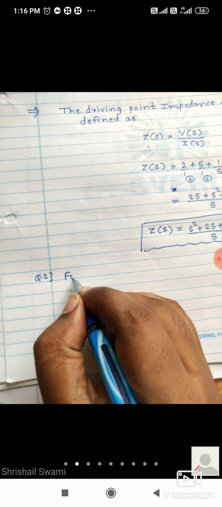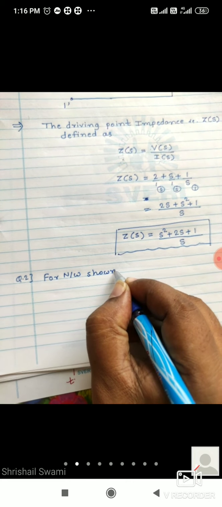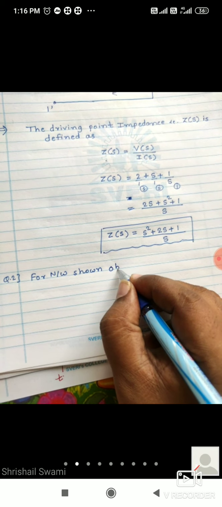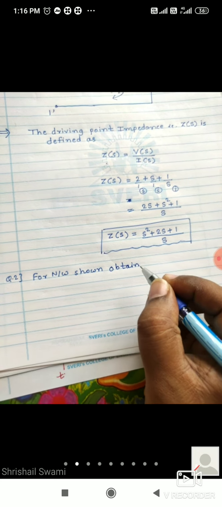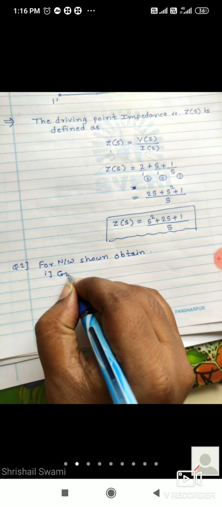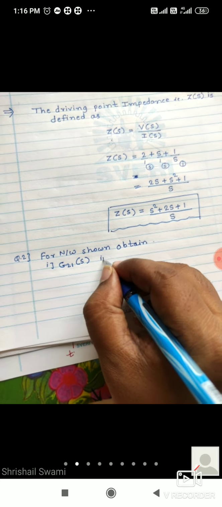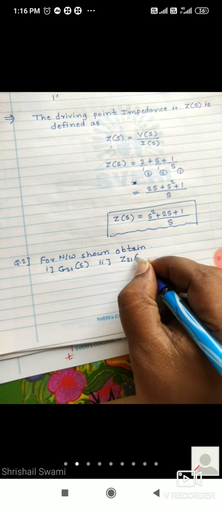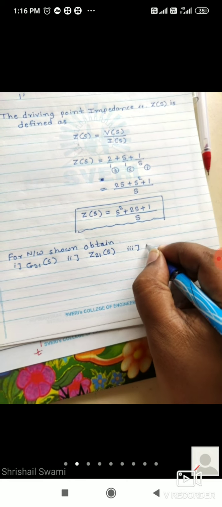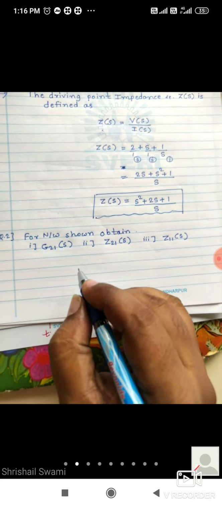For the network shown, obtain first of all G21 of S, then second Z21 of S, and Z11 of S. Okay, so I will draw the network.